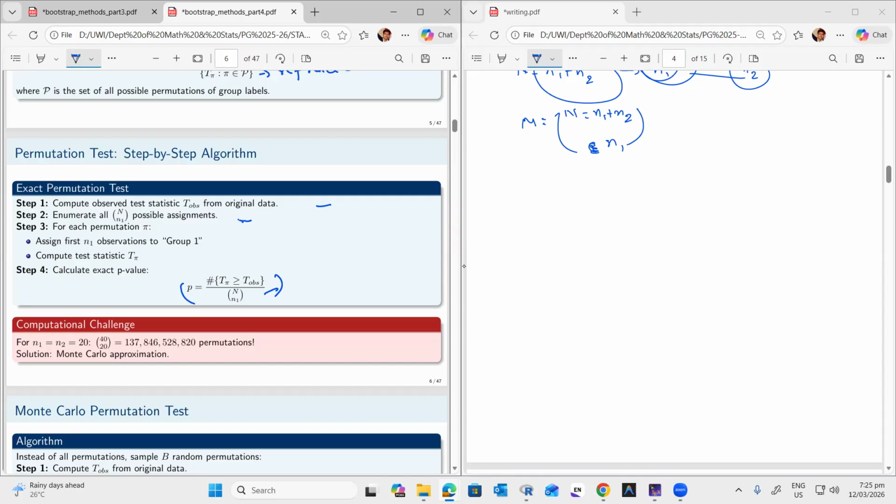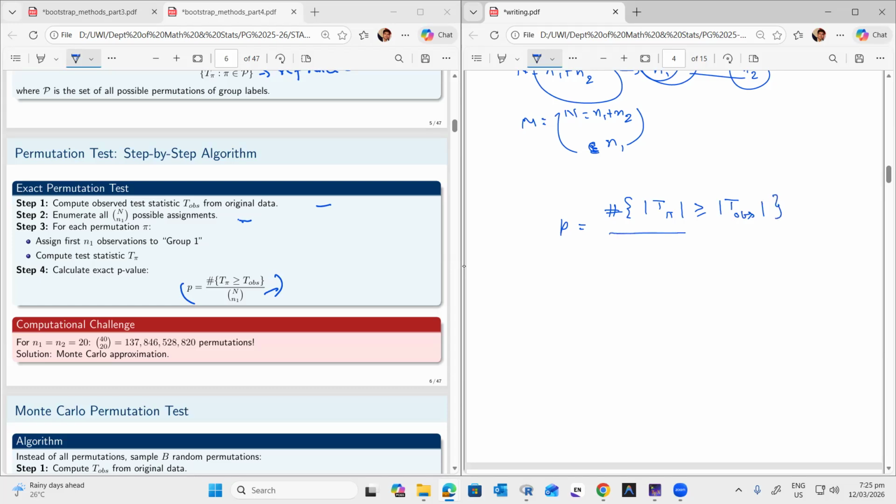So at that time, the p will be the sum of the number of observations where the absolute test statistic t pi is greater than or equal to the absolute t observed, divided by n choose n1. So at that time we will take the absolute values.